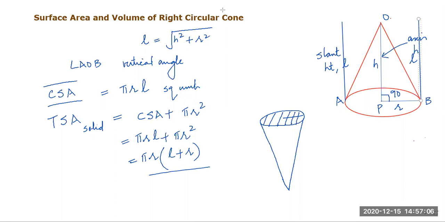In this hollow cylinder, the height of the hollow cylinder and the height of the cone is the same. You can say the vertex of the cone is coinciding with the center of the top circle of the cylinder. Coinciding means the point is the same as the center of the top circle of the cylinder.